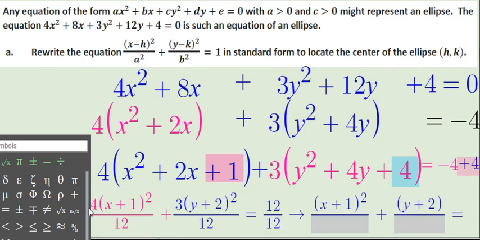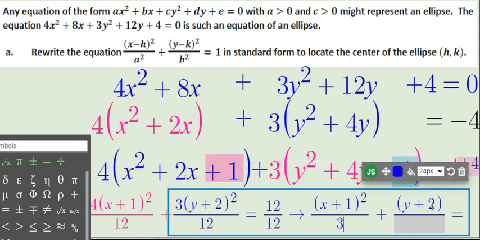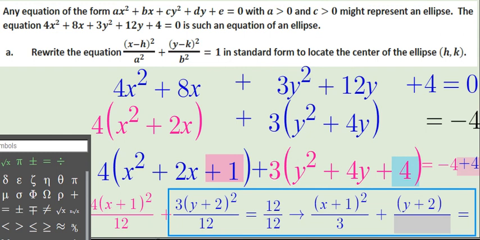As we divide, we just simplify the fraction of 4 over 12. 4 over 12 is the same thing as 1 over 3, so our denominator becomes a 3. When we go to the y's, y plus 2 squared, we have 3 over 12, which is the same thing as 1 over 4. And of course, at the end, 12 over 12 is actually a 1.